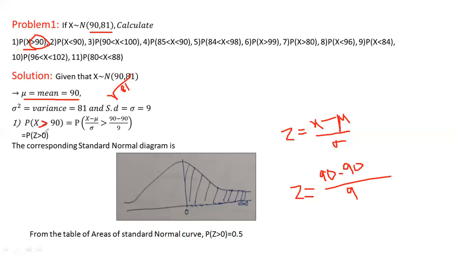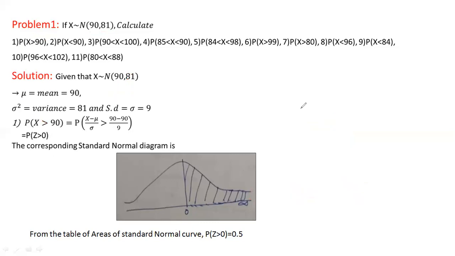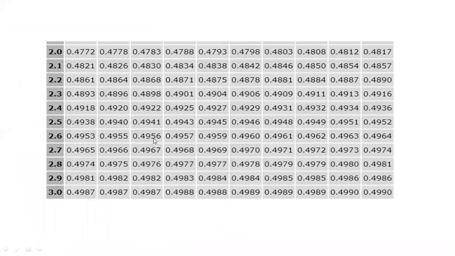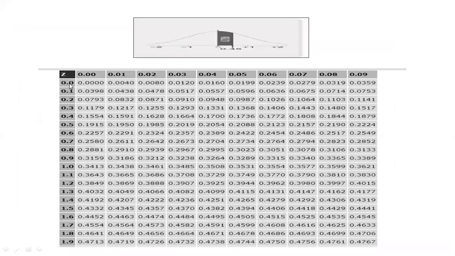With respect to the Z score we got 0. So from 0 to the positive side, up to wherever the curve extends, we are going to find the area. From the table, at 0 the value is 0.000.